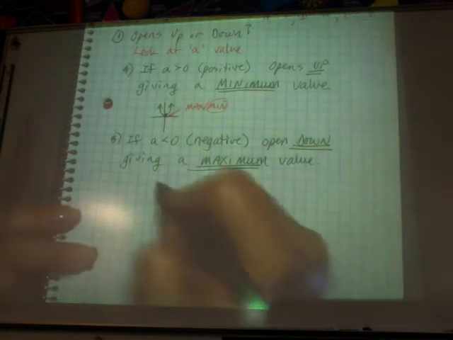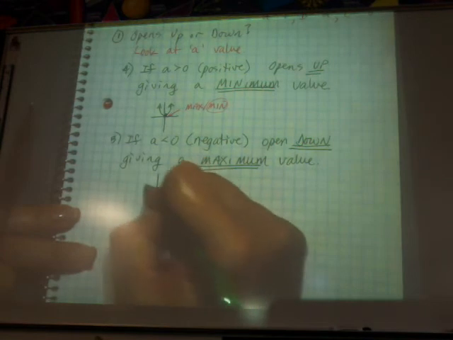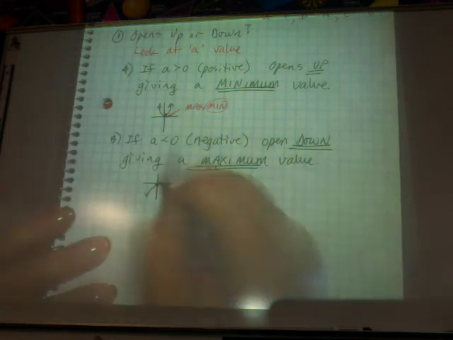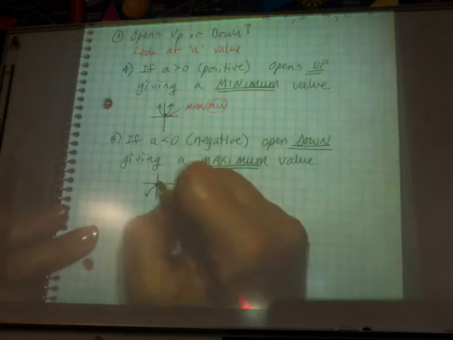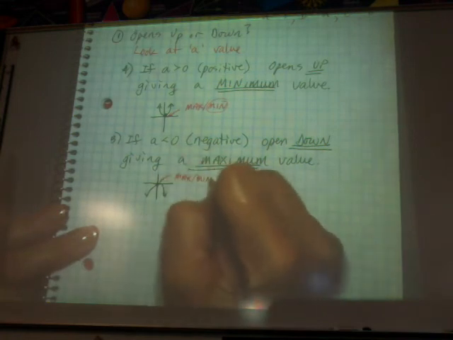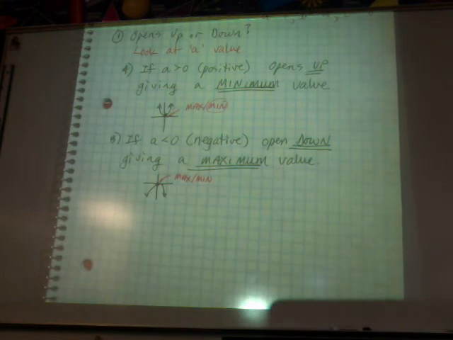So if my parabola opens down, again, here would be my vertex. This value here would either be a max or a min. Isn't it the highest point on the parabola when it opens down? So if it's the highest point, it's going to be the maximum value for y.